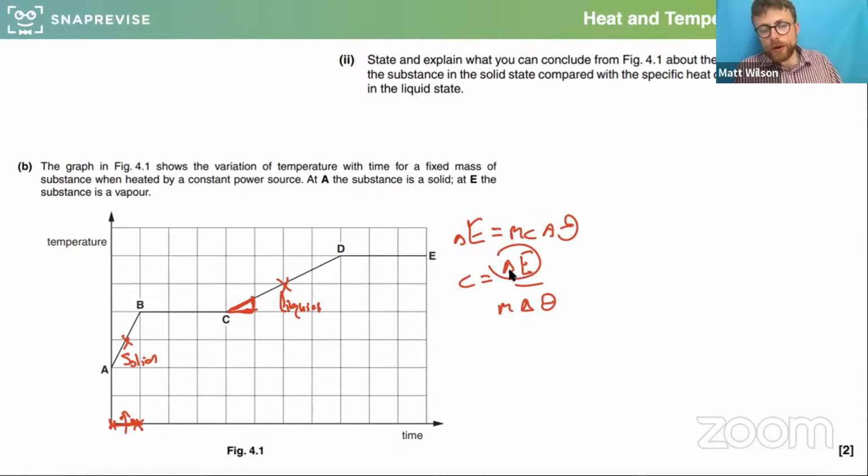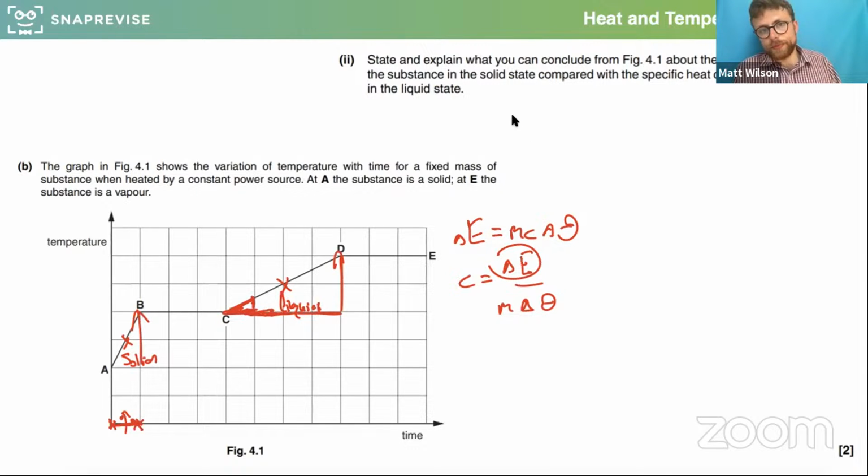If you need to put more energy in for the same temperature change, then you have a higher specific heat capacity. Here we have the same temperature change in both cases, but in C to D we have to put in a lot more energy, so we have a higher specific heat capacity.